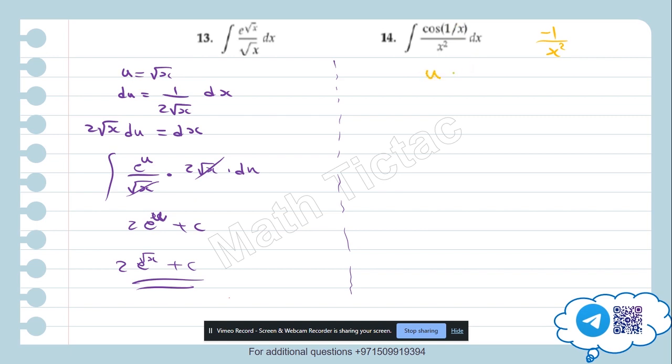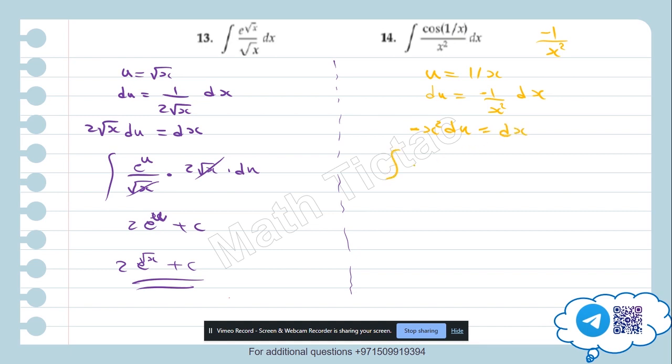So in here I will say u is equal to 1 over x. We cannot take cosine because in here we don't have the sine, for example, or minus sign. So directly I'll say du is equal to minus 1, multiplied by 1 divided by x square dx. So over here it will be minus x square du equal to dx.